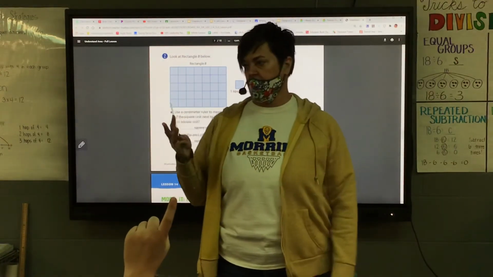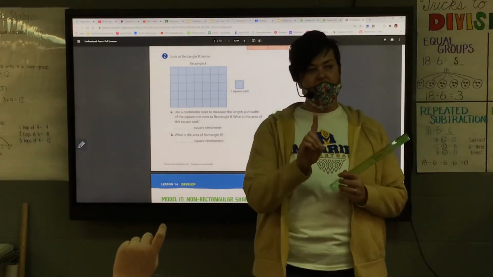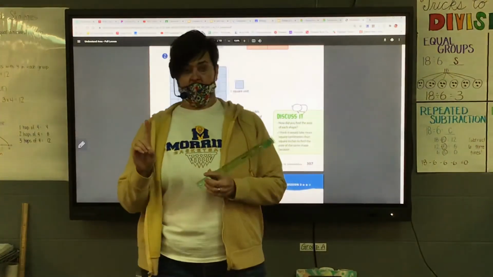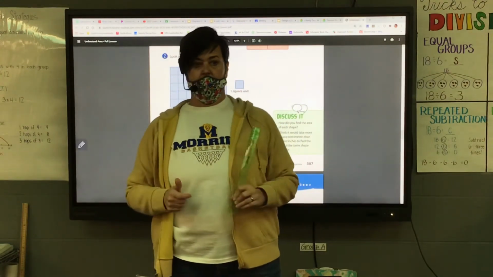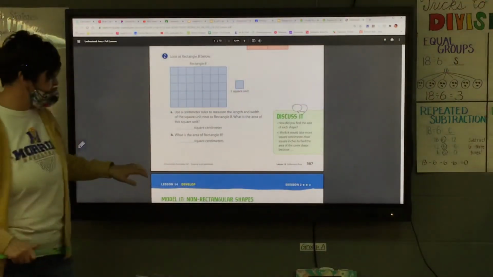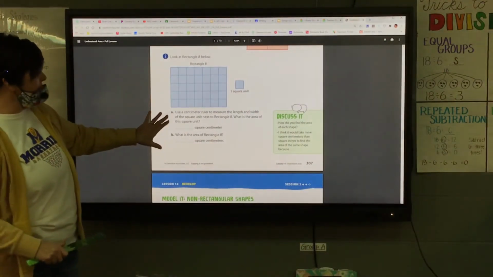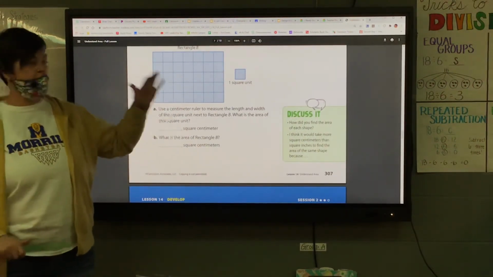Is it 3? What is the size of that 1 square unit, the blue one, in centimeters? Everybody, what is it? 1. It is 1 square centimeter. So for part A, what are you going to write? 1 square centimeter.